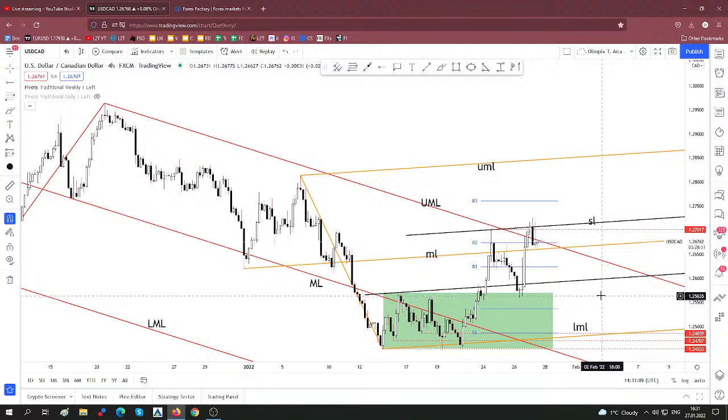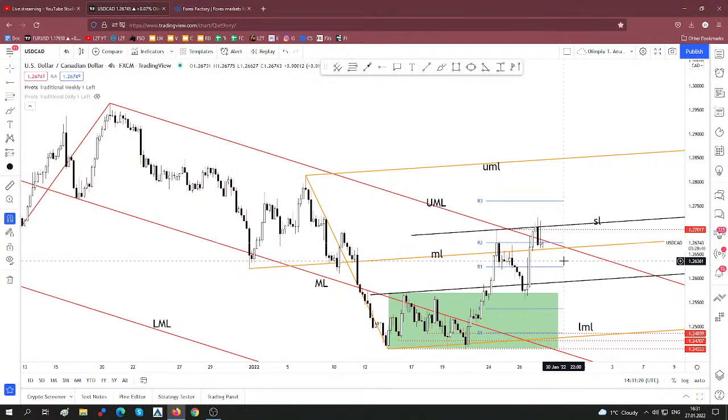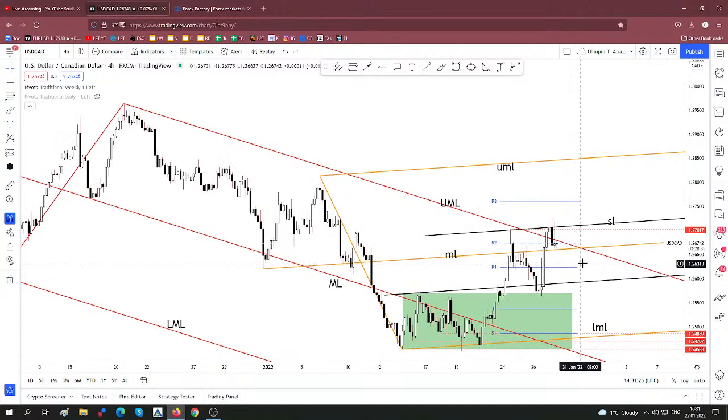And of course, I will come back with my trade management if the price reaches my entry in US dollar versus the Canadian dollar. That's why it's important. If you are not a VIP member, you can still get this trade, and it's important also to get my trade management, because maybe you want to know where to manage your position, to close your position, when to move your stop loss or to close it.